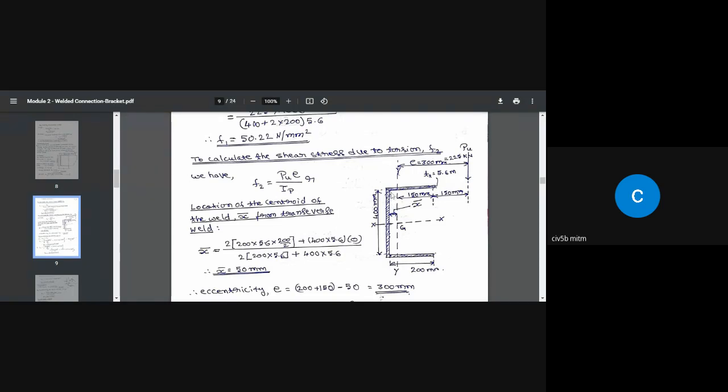We are going to consider the distance between the centroid of the vertical weld and this edge line as 0, divided by total throat area. 200 multiplied by 5.6 will give you the throat area on this side, multiplied by 2 because we have two such welds, plus 400 multiplied by the throat thickness here, will give you the total throat area.